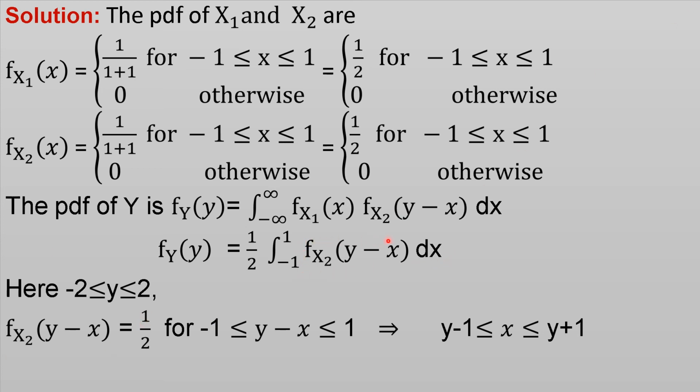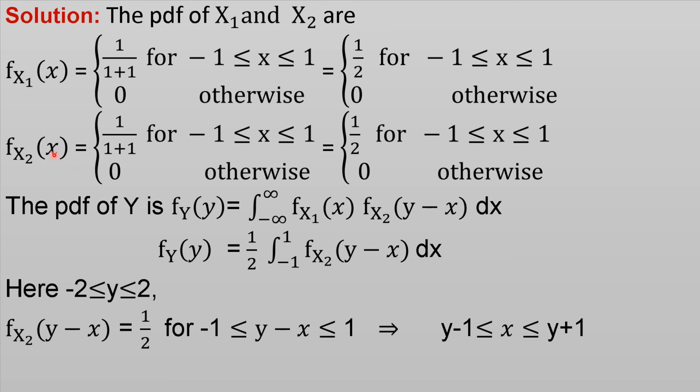Now we need to calculate this fx2 of y minus x. First of all, the sum y, which is the sum of x1 and x2, lies between -1 plus -1, which is -2, and 1 plus 1, which is 2. So the sum y lies between -2 and +2. And for this fx2 of y minus x, look at fx2 of x, which is 1 by 2 for all x values between -1 and +1.